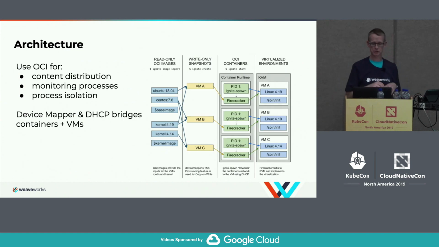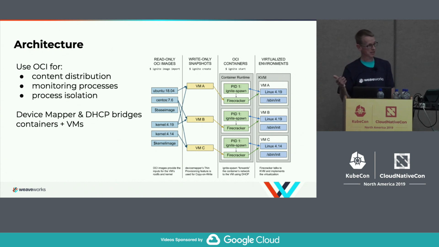So this is just another picture of the architecture and the breakup of what happened there. We started out saying we needed to get the OCI images. Run encapsulates all of these steps, but you can do these individually so that you could cache images and things on your own. So we did an Ignite image import underneath the covers. That generated these write-only snapshots using the device mapper.